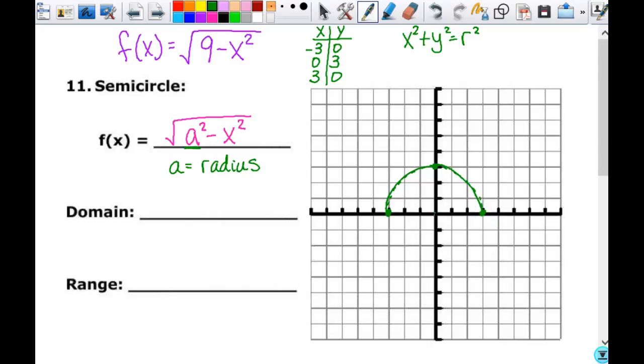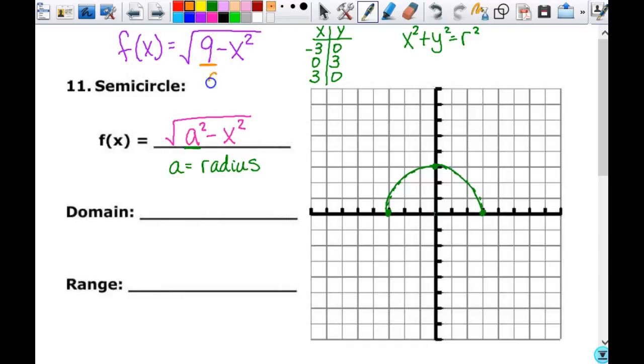So for this specific one that we just drew, what's the domain? -3 to 3, right? Okay, but I want the domain for any of the semicircles. So instead of putting -3 to 3, what would I write? -a. Because it isn't a 3, right? Look at that. a equals 3 right here.